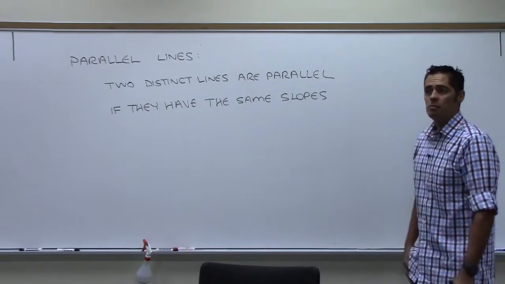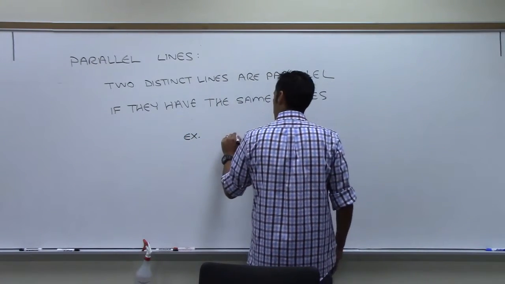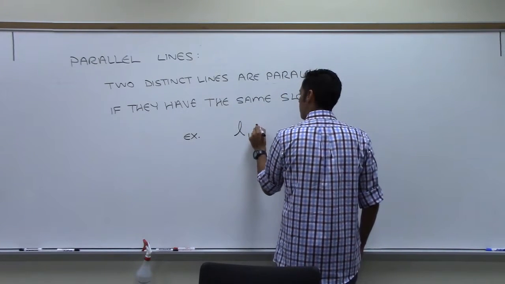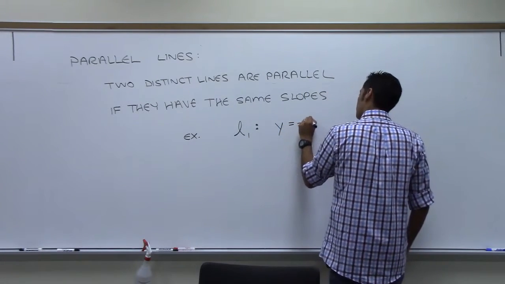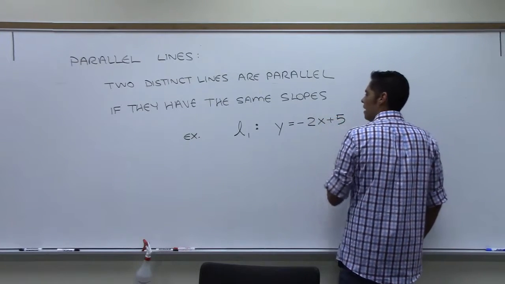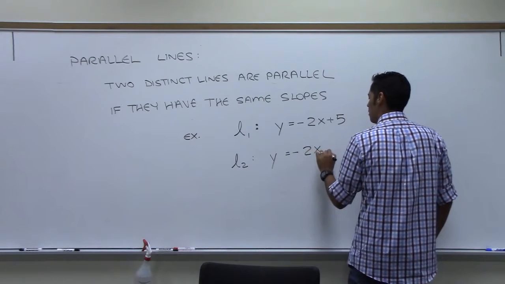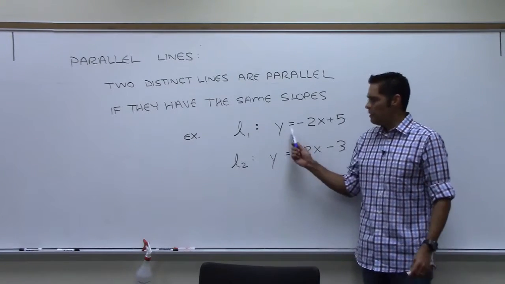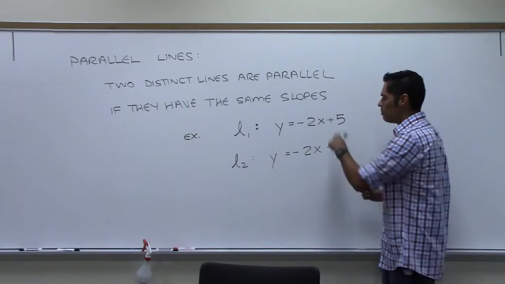Let me show you an example of this. I'm going to write it this way: L1, colon, I'm going to let line 1 be the equation y equals negative 2x plus 5. And then line 2, y equals negative 2x minus 3. You know they're lines because you have an equation with two variables, x and y, both raised to the first power.